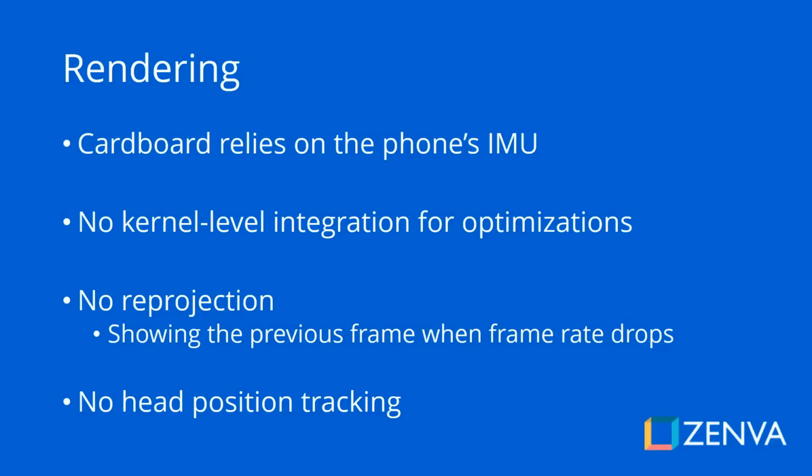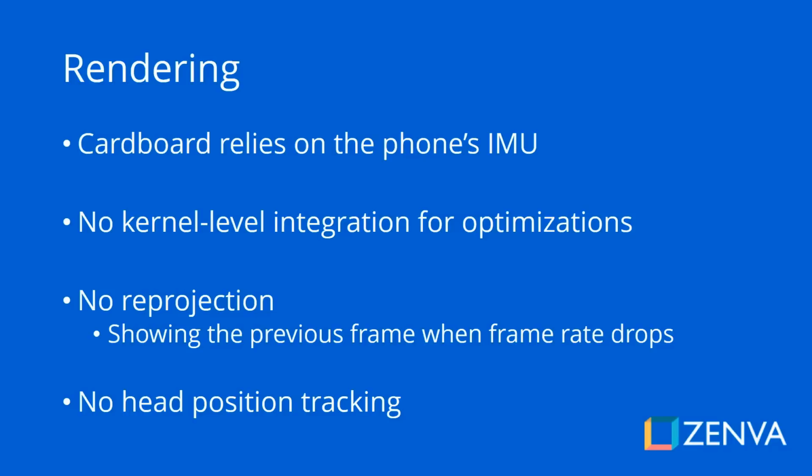Also, phones themselves don't really know about the Cardboard. When you put a Cardboard headset on, the phone doesn't know that you are on Google Cardboard, and also phones don't come with deep kernel level integrations for this platform. One of these optimizations that is present in the Gear VR and on Google Daydream is reprojection.